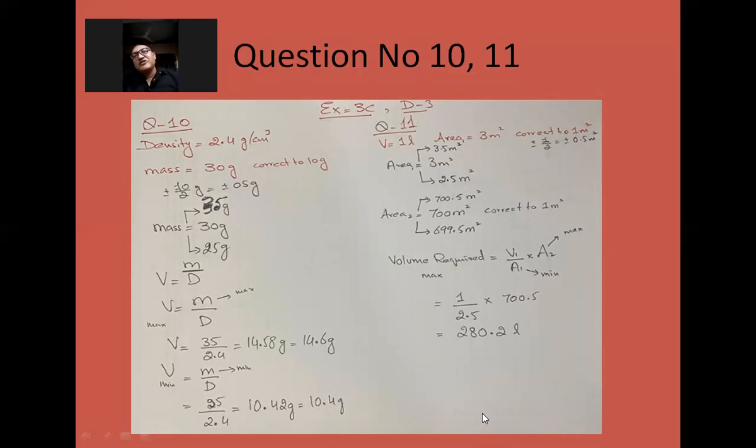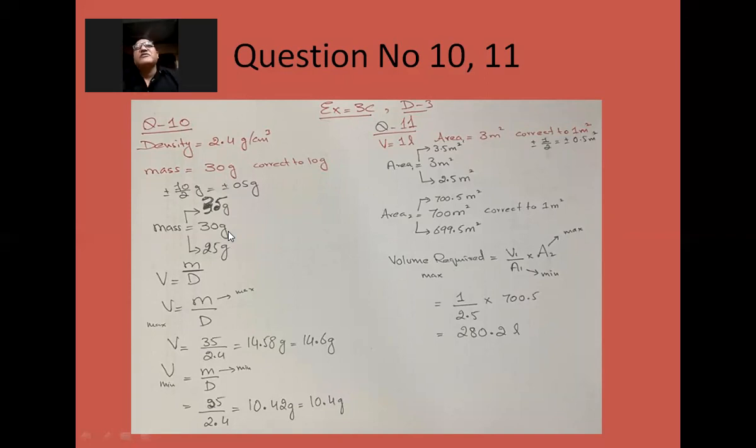So 30 gram is our main measurement, and if I add 5 gram, I get 35 gram, that's the upper bound. If you subtract 5 gram, you get the lower bound, that's 25 grams. So the mass upper bound will be 35 gram and the mass lower bound will be 25 gram.